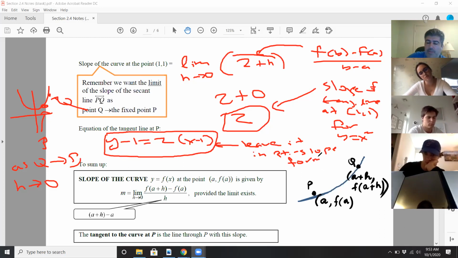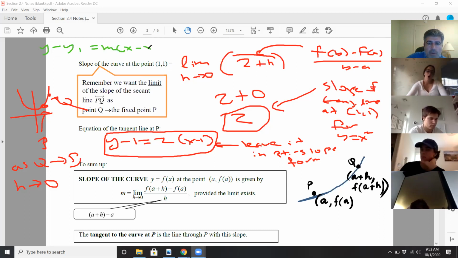Remember point slope formula? Hopefully you guys didn't forget that. If you did, it's just this. Remember x1 and y1 are the point that we're looking at. We're looking at the point (1, 1). M is of course a slope, which we saw is 2. So this is what we're doing. We're working our way towards calculating slope using limits.